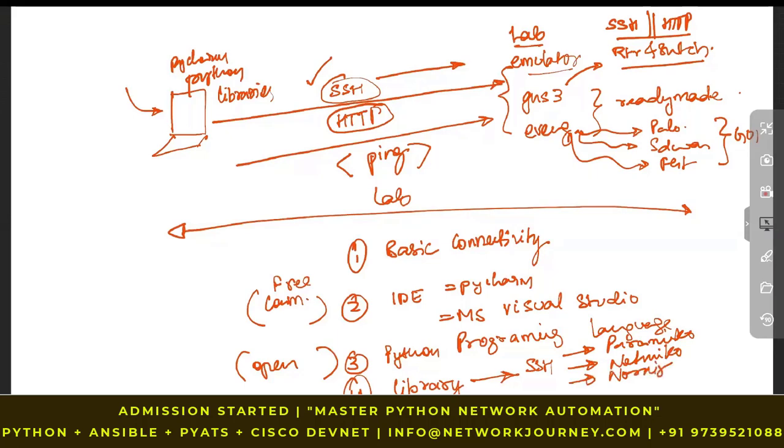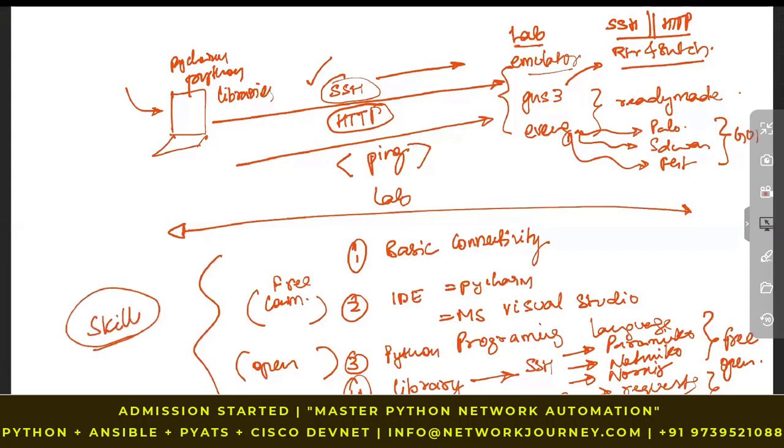If the connection was over the HTTP protocol, then you can go with the requests library or the HTTP library. So there are n number of libraries. Again, these are free and open source. You don't have to pay for using the services. It's only your skills that are required as of now.